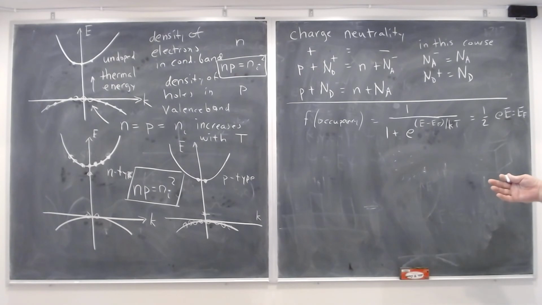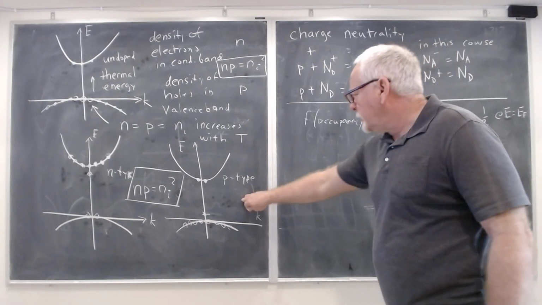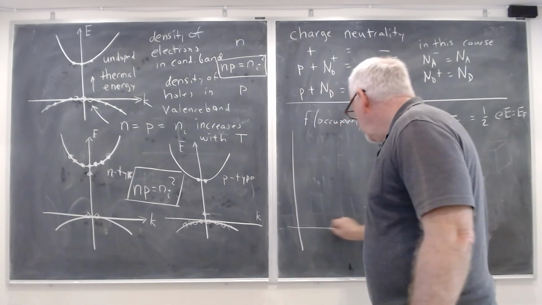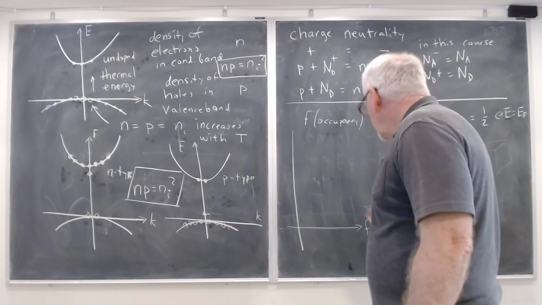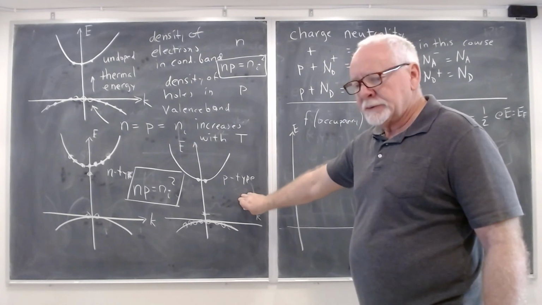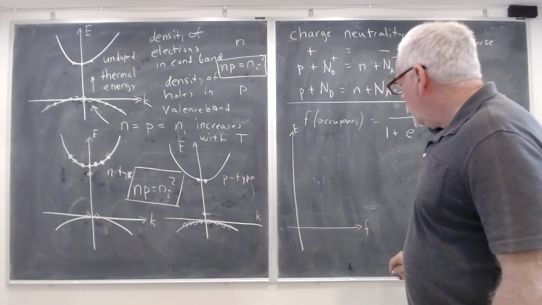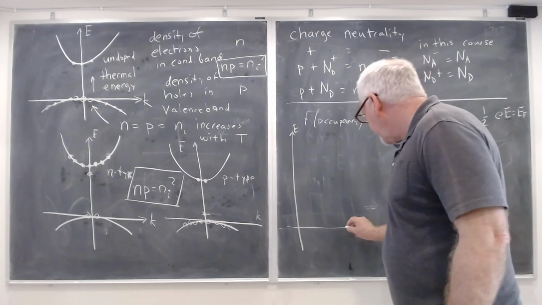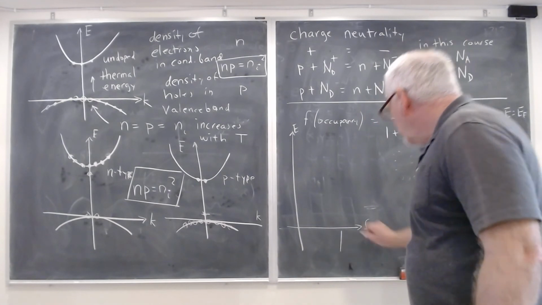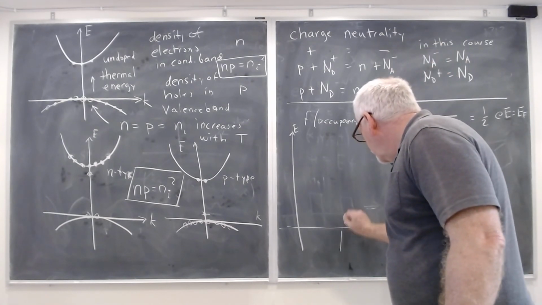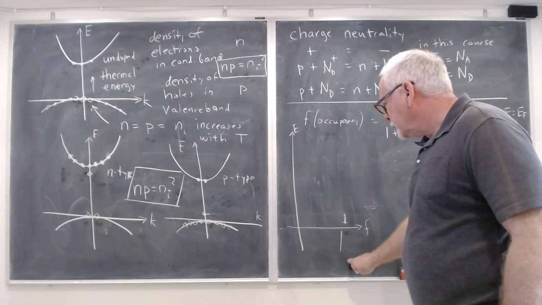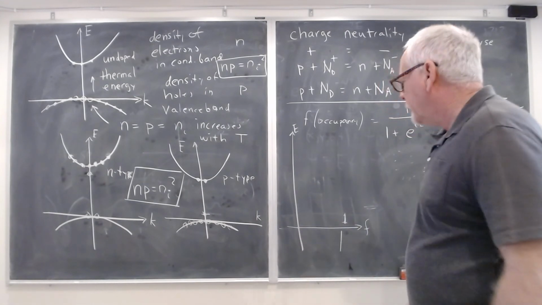Now, kind of picturing all that, let's imagine for the moment that this is the undoped case. At t equals 0, we would have that the occupancy is 1 for the valence band, or for energies lower than the 0 of the scale that I put there.